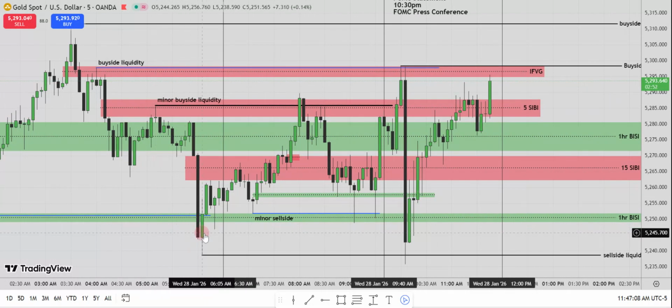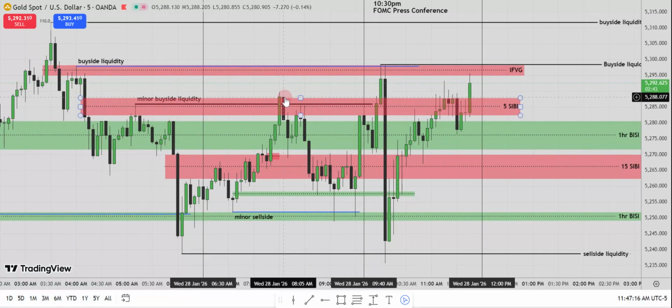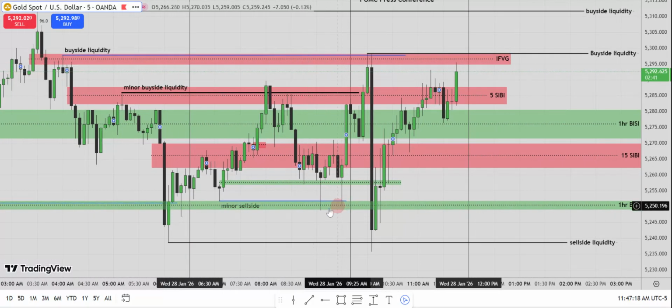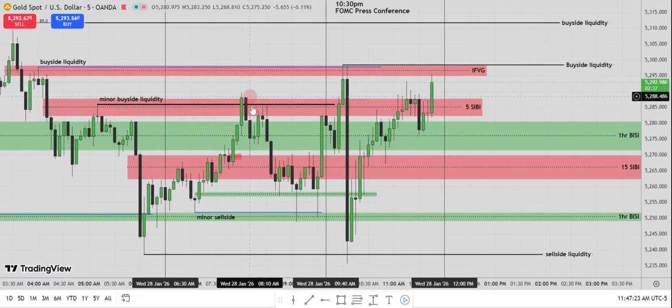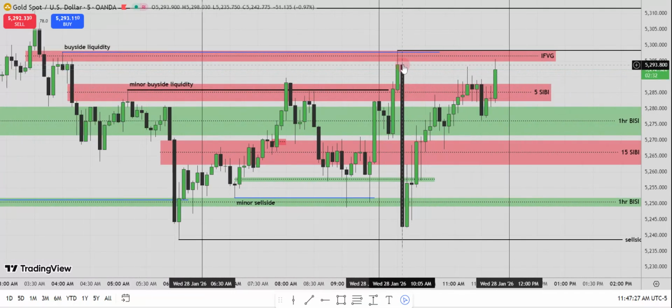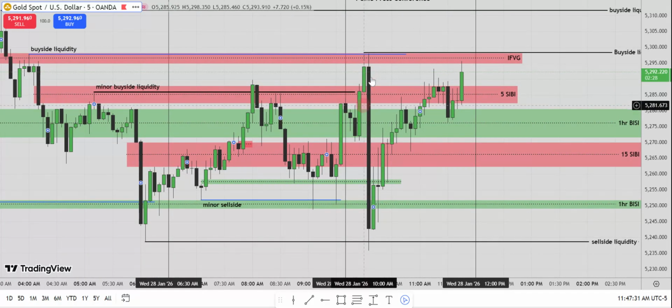When the market opened at 7, this was its point of interest, and it took out that liquidity and came again for this minor sell side, rallied up to the buy side here, and I don't know what this is. There was no news events today, but this is crazy.